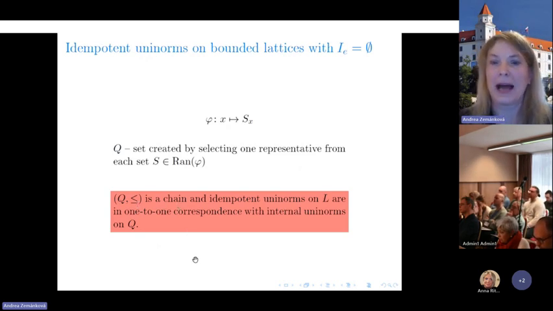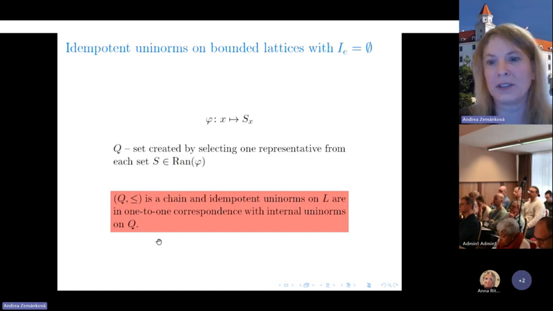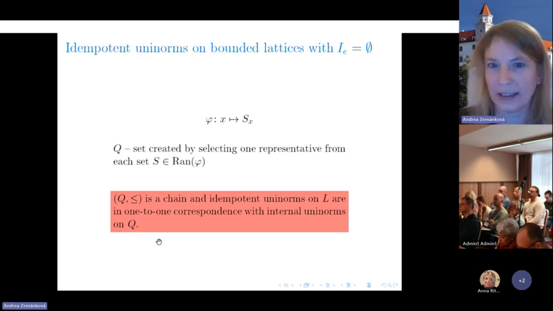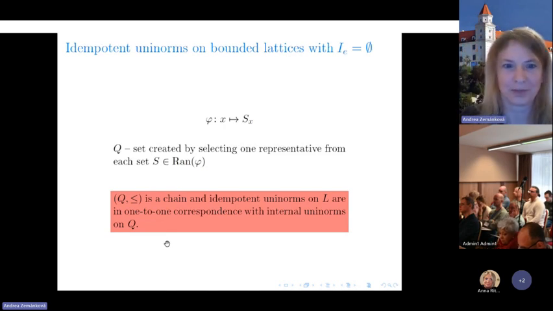And what is important, idempotent uninorms on L are then in one-to-one correspondence with internal uninorms on the chain Q. This means that aggregation of any two representatives completely determines whole aggregation on the product of the corresponding two equivalency classes. So we can say that these trivial summands, which we have in the decomposition of internal uninorm on a chain, are here replaced by the corresponding equivalency classes. Of course, we can show this also without axiom of choice. I just thought that this is more illustrative.